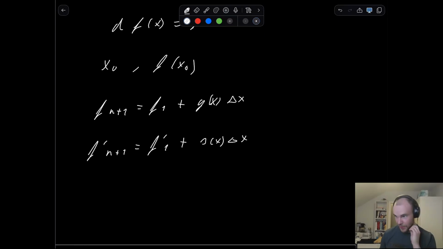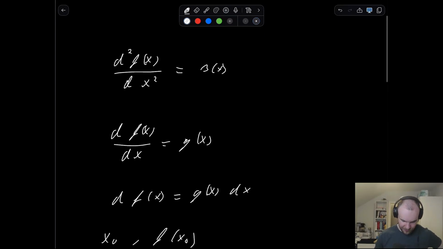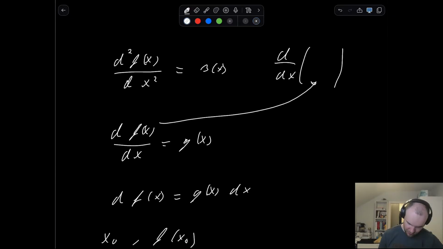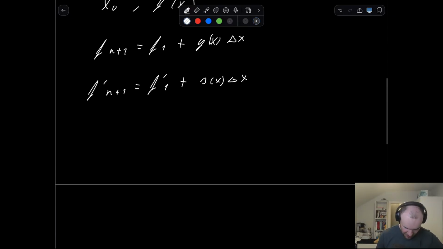That's just d over dx going around. Now we have all of this in there. But we can go one step further, because I can apply the same idea again. It's like going from acceleration to velocity and then distance. That's also a typical thing you would do with the Euler method, which is what this is.